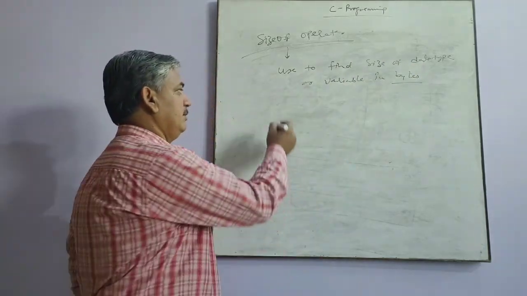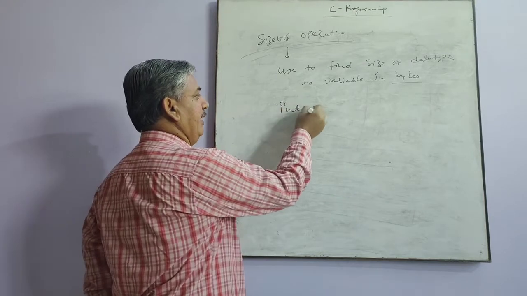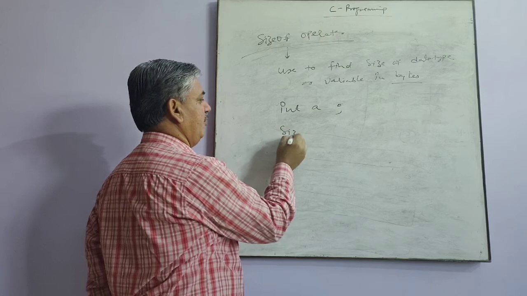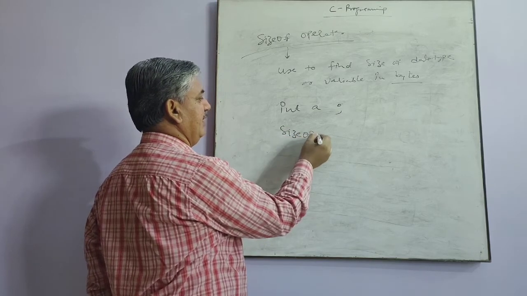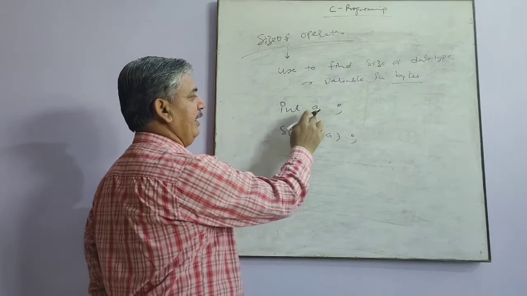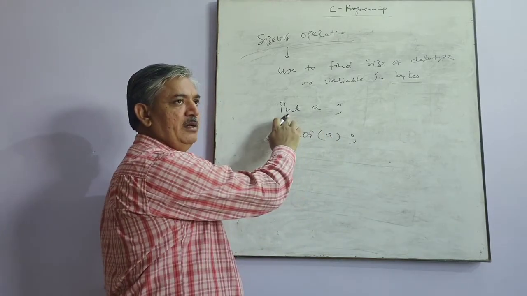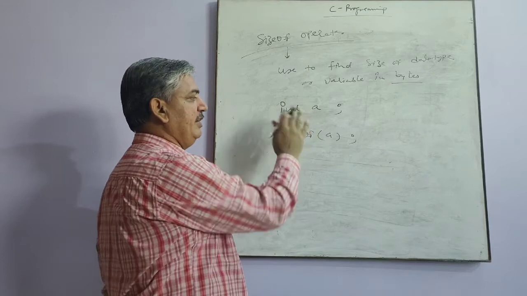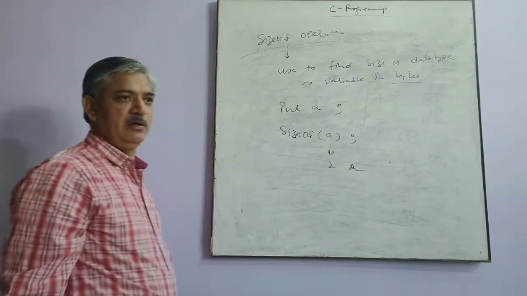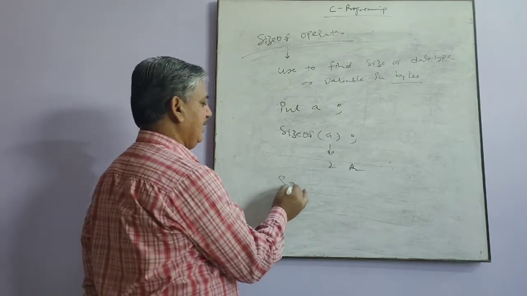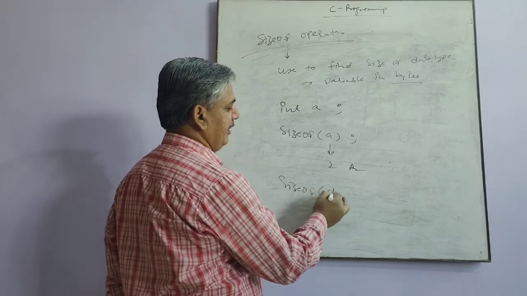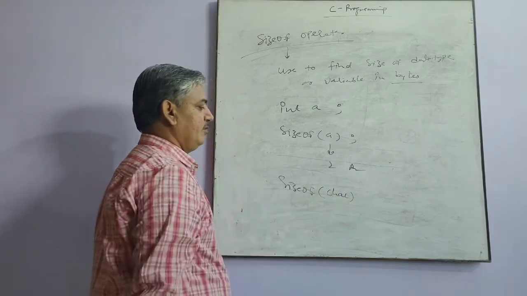For example, suppose I write int a, and suppose we want to find the size of this a, so sizeof(a). So then the answer is what? A is an integer type. So in general the size of an integer is 2 bytes. So we will get the answer 2. Clear? Or when we write sizeof of a data type, suppose character, this gives the size of the character data type.